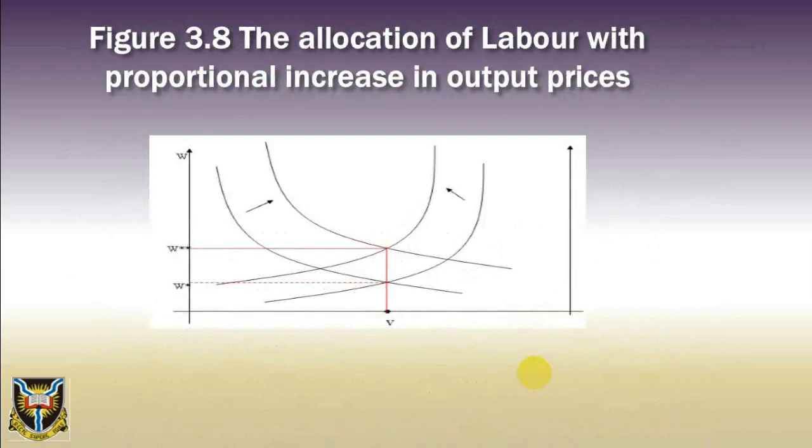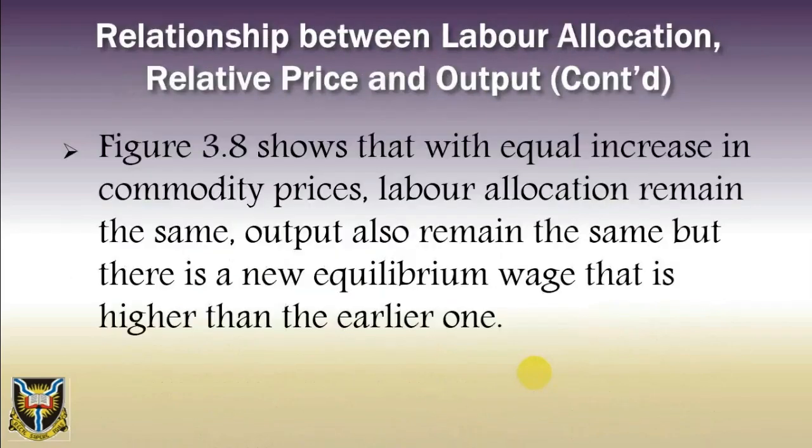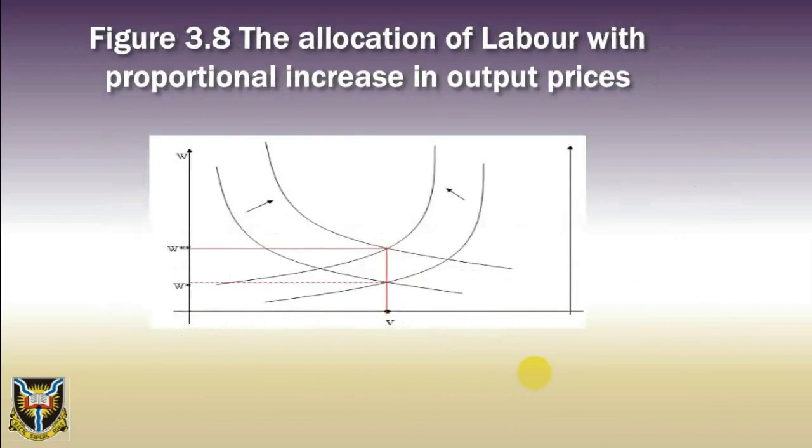Figure 3.8 shows that with each increase in commodity prices, labor allocation remains the same. Output also remains the same, but there is a new equilibrium wage that is higher than the earlier one. Thus, when there is a proportionate change in relative price, no real change will occur.